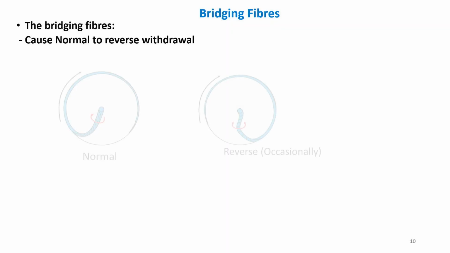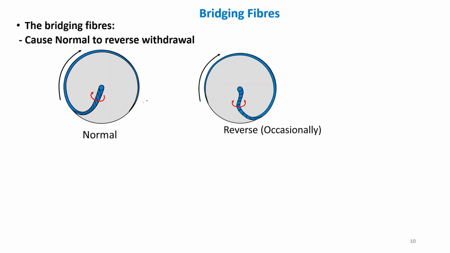Now, bridging fiber we have understood. Now, let us see once again the concept of bridging fiber. How does it affect? It causes the normal to reverse withdrawal. So, what is normal withdrawal? This is the normal withdrawal and this is the reverse withdrawal. Here this point is the peel off point. From this diagram it is clear that the rotor rotates in the clockwise direction, and in normal withdrawal the peel off point also rotates in the clockwise direction.